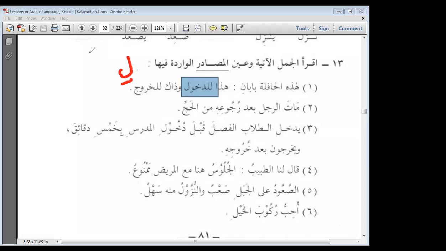Then you have the alif lam, al. Right? So let's look at the text in green here.